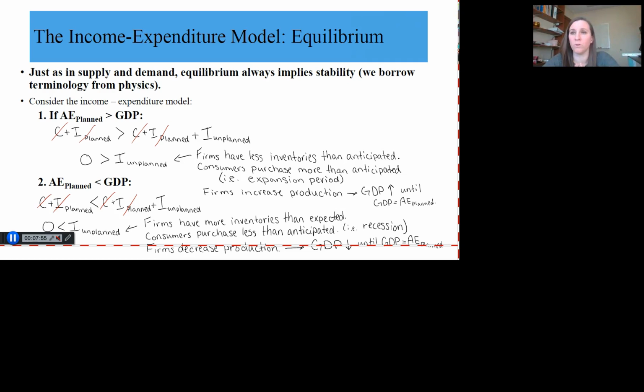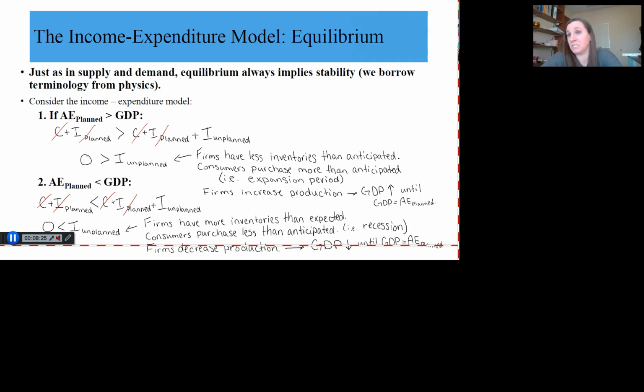So the firms are going to turn around next January and say, we had less inventory than we expected, so we need to up our production. GDP is going to increase next year. It's not going to stay the same. They're going to respond to this fact that consumers are buying more than what they had anticipated. So this is an expansionary period. So GDP is going to increase back until GDP is going to equal AE planned.